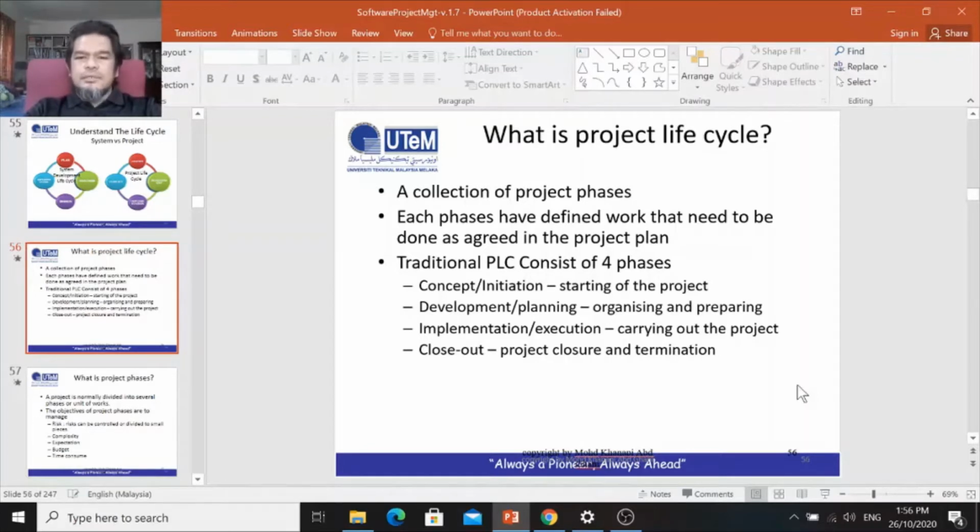So first, when you start the project, you must initiate it. Initiate means you start the project by providing the infrastructure. You prepare the infrastructure, you prepare the office, for example, that's under infrastructure. So you start to hire the staff who will be involved in the projects.